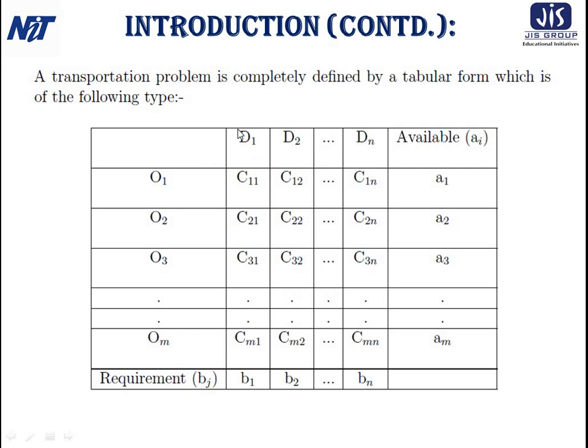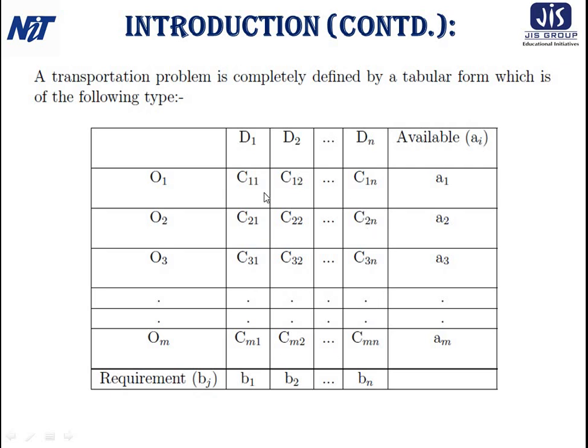And corresponding to the destination D1, the requirement unit is B1. In the destination D2, the requirement unit is B2. Similarly, in the destination Dn, the requirement unit is Bn. Always the requirement unit is given by Bj and the available unit is given by Ai.